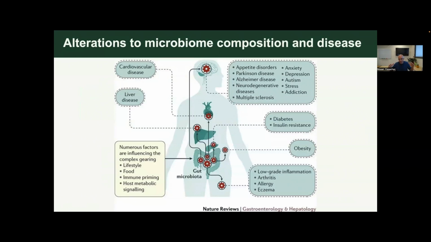So given these close connections between the gut microbiome and our immune system, it might not be surprising that changes to microbiome composition are associated with a wide array of diseases, locally in the gut, like inflammatory bowel disease and irritable bowel syndrome, but also systemic multifactorial diseases like diabetes, metabolic syndrome, multiple sclerosis, Parkinson's, are all associated with dysbiotic, not normal or unhealthy changes to gut microbiome composition.